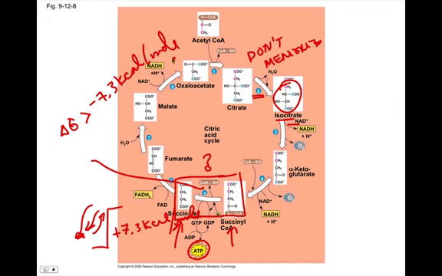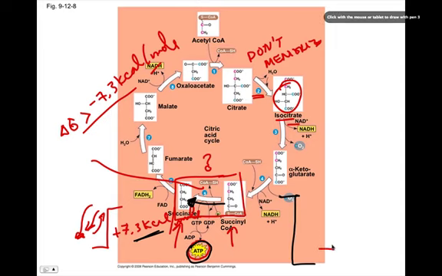So that's a key concept that we do want to understand in this figure, and that is that if we are going to require 7.3 kilocalories to make ATP, in order for this step to occur spontaneously, we need to have more energy released. So we're going to have a drop that's bigger than 7.3 kilocalories per mole in order to drive the synthesis of ATP.